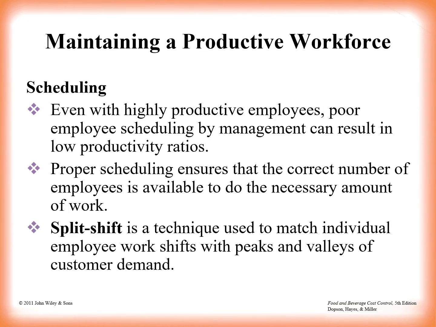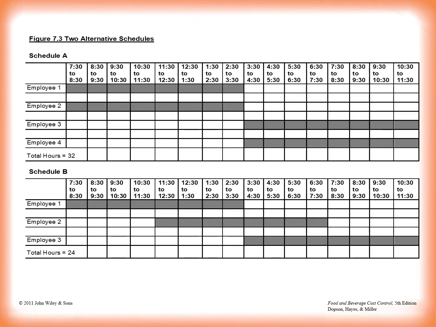Let's see, scheduling can also make your workforce more productive. So scheduling your employees so that you get the most use out of them, the most work out of them. One example I use is what's called a split shift. So here we've got the schedule, and this is a restaurant that is open all day long.